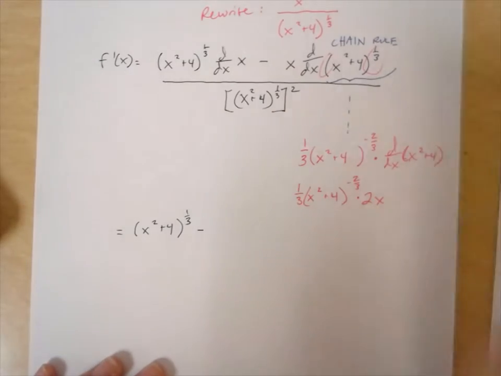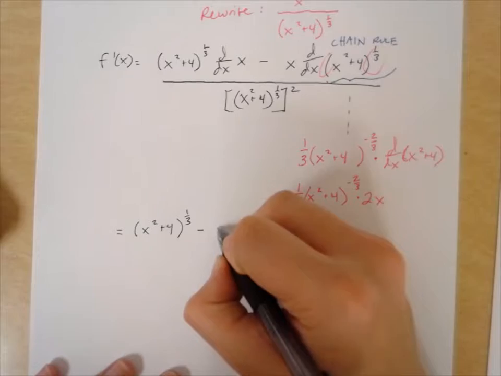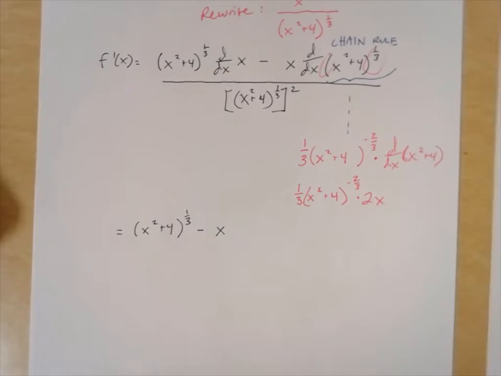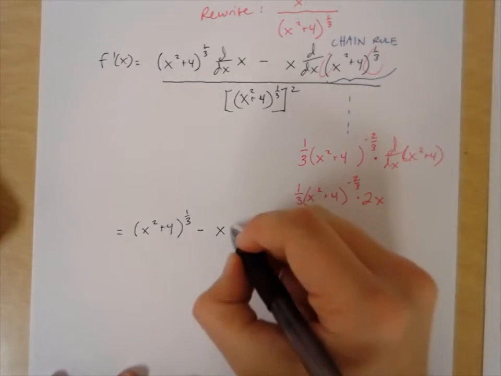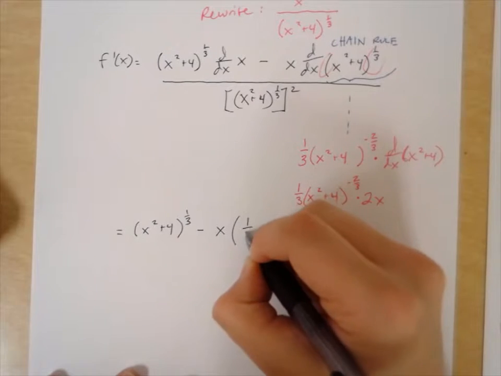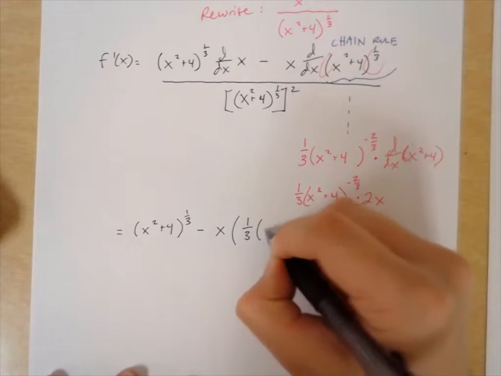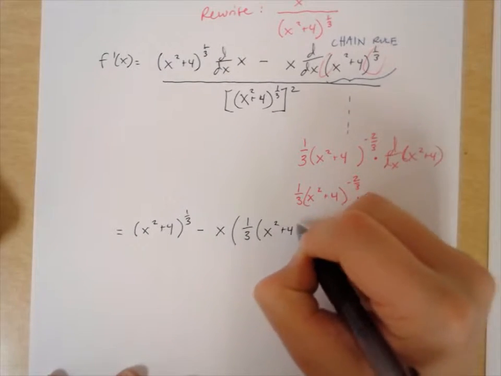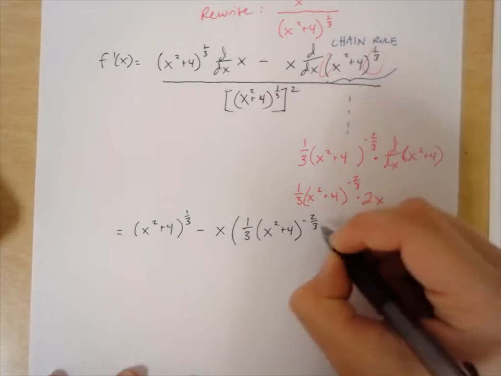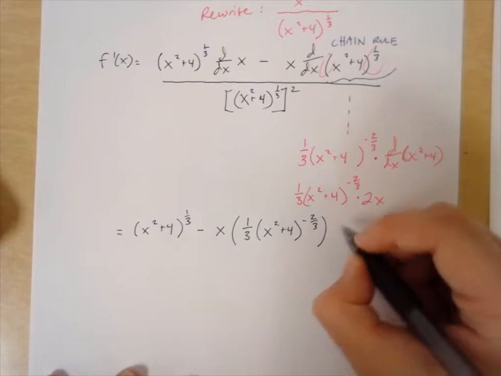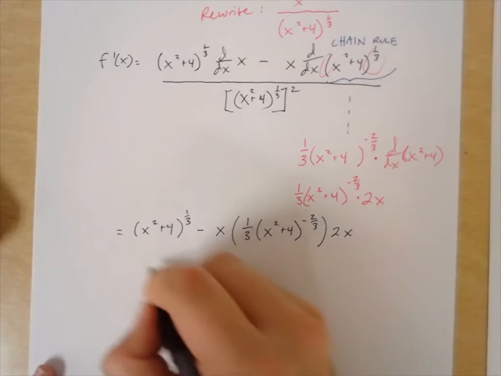And we would say minus x outside of this whole thing: x times 1/3 x squared plus 4 to the negative 2/3 times 2x.